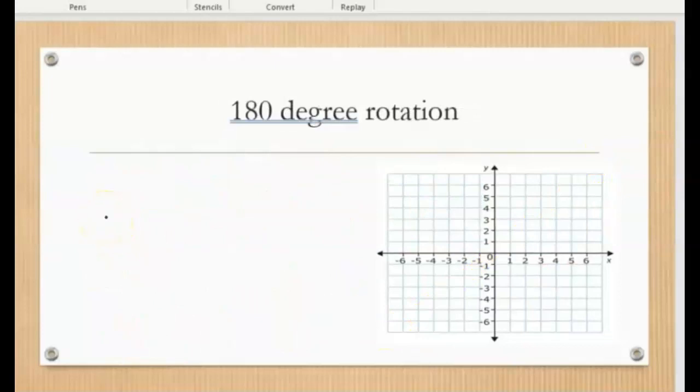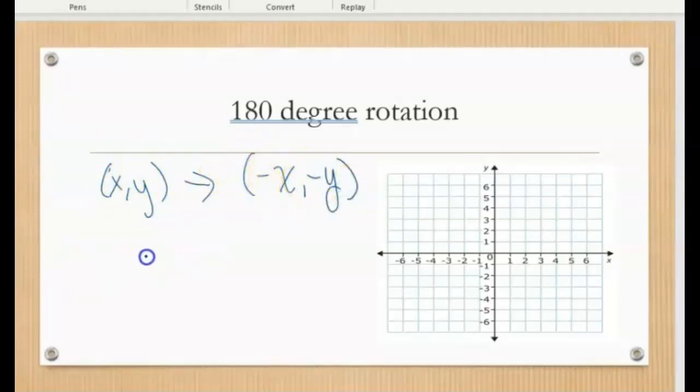The last one we're going to look at is 180-degree rotation. And for this one, it's a very common one you'll see a lot, so that's why I wanted to go over it, is you make each of the coordinate points negative. So let's put something down here. I don't think we've had anything down here. We can do a triangle.